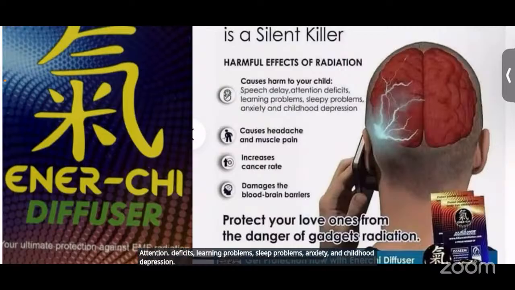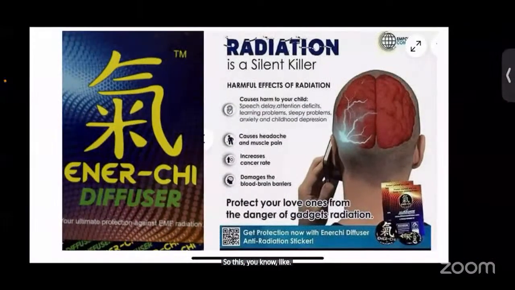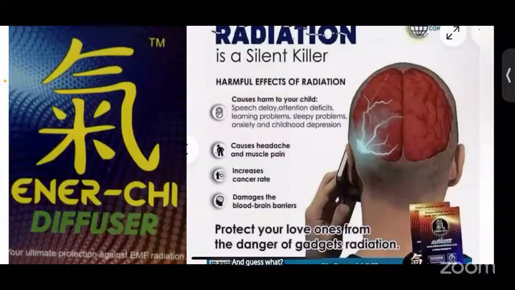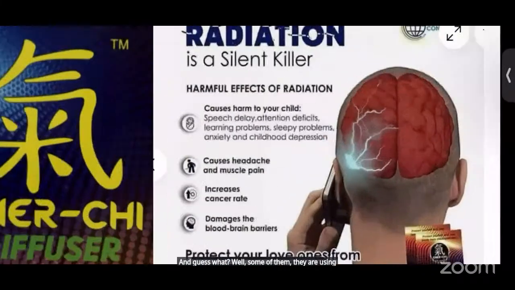So right now, we cannot take away these gadgets from our children. Some of you know that your child who is 8 years, 10 years, they are having tablets, or they're having computers, or they're having phones where they're always playing games.